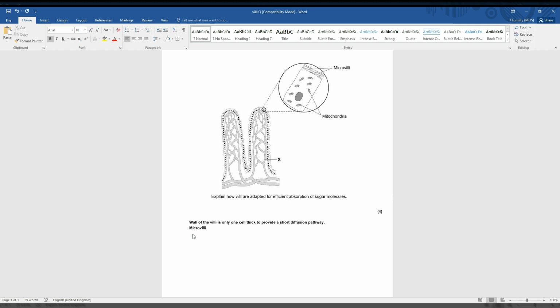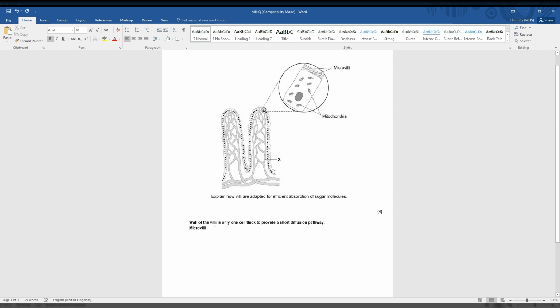If we have a look at the top of the cell here, we can see that if that cell was just flat, okay, it would have a certain amount of surface area, but the fact that we've got all of these folds and these microvilli sticking out, it massively increases the surface area. Therefore, any sugar molecules passing through have got a larger surface area to move through, okay?